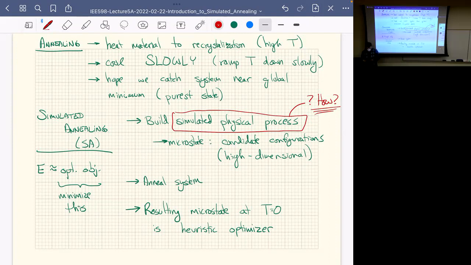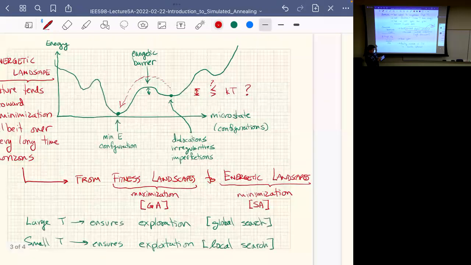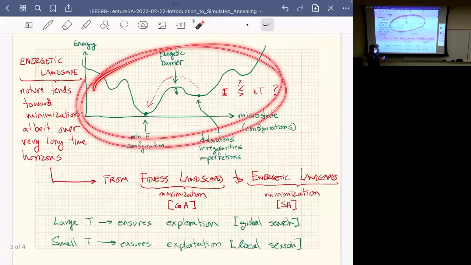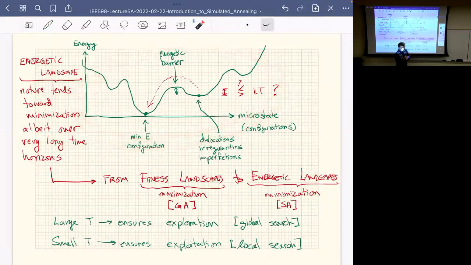And just to emphasize, these are not population based. When I draw this diagram, sometimes it's tempting to think about multiple molecules in a block of matter, and those multiple molecules running around this energy landscape simultaneously. That's not it. Each one of these dots is the whole chunk of matter with all of its degrees of freedom turned one way.